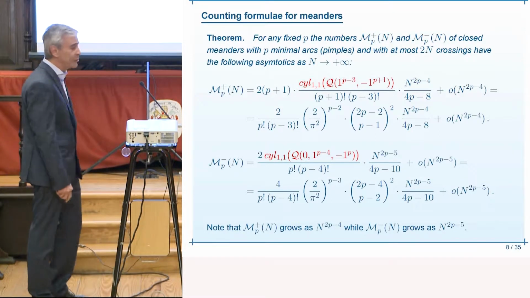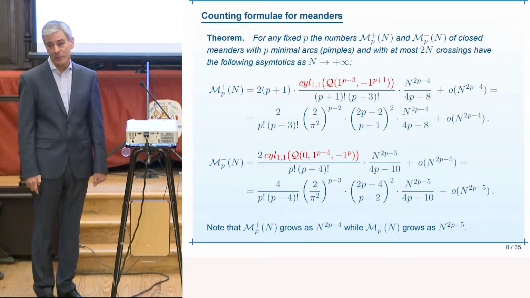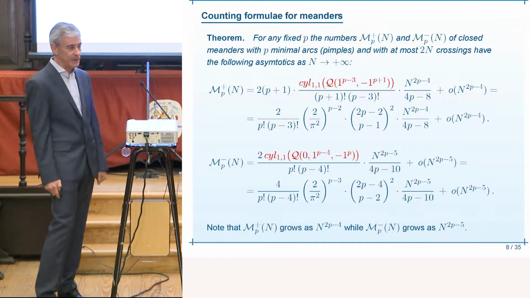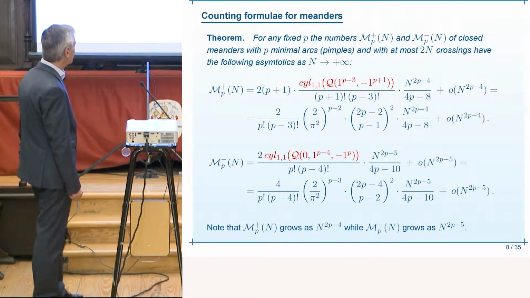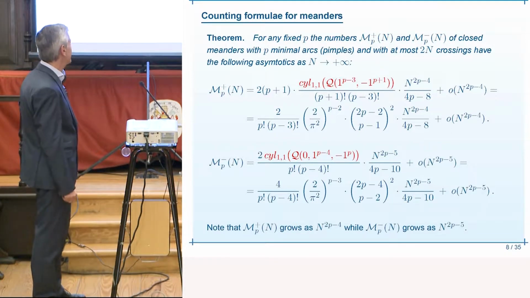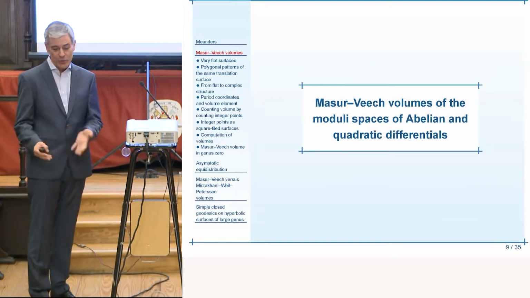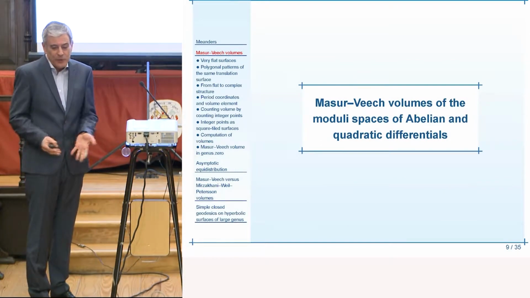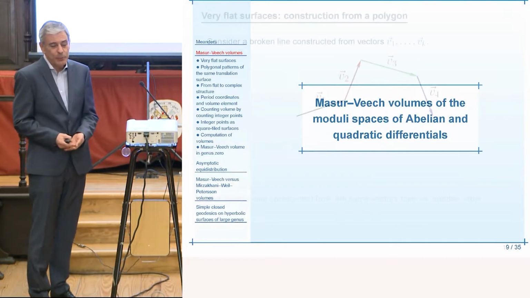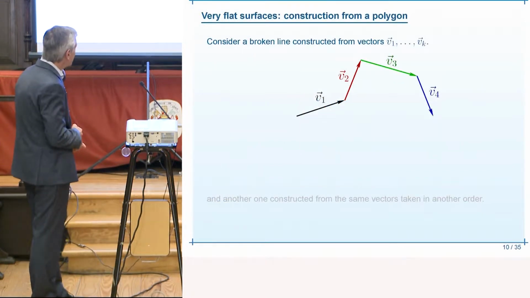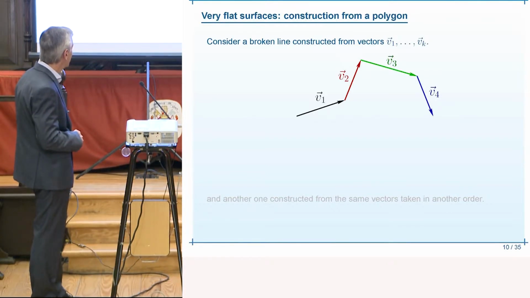And these geometric objects are volumes of corresponding moduli spaces. To introduce very fast the corresponding moduli spaces, let me construct the object which is the point of the corresponding moduli space. So let us consider a broken line, more or less arbitrary, composed from several vectors in the plane.